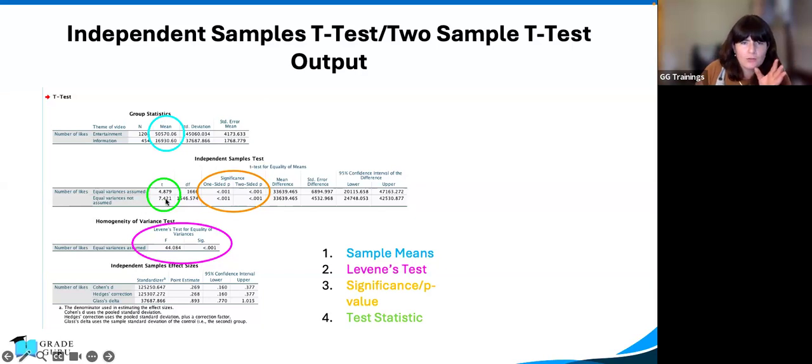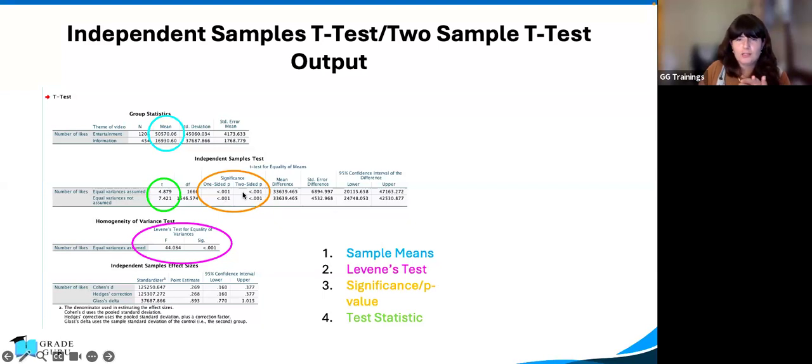So when you use a new version, you actually have to click something extra when you're running this test, and it's called homogeneity of variance test. And you can see it says Levene's test for equality of variances, and it only gives you equal variances assumed, which means it's only the top row. So your correct p-value would be in the top row.